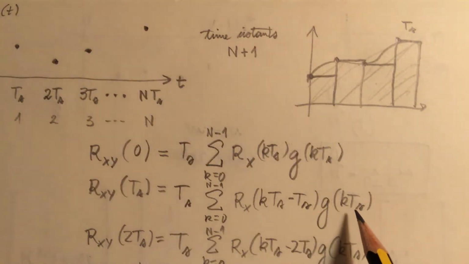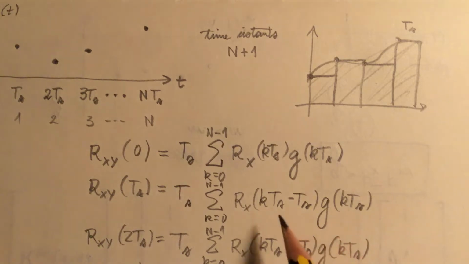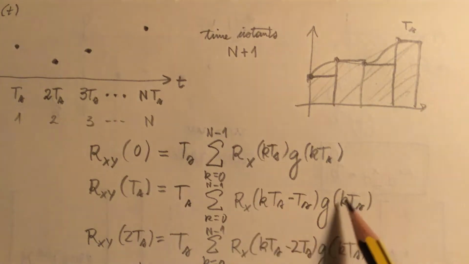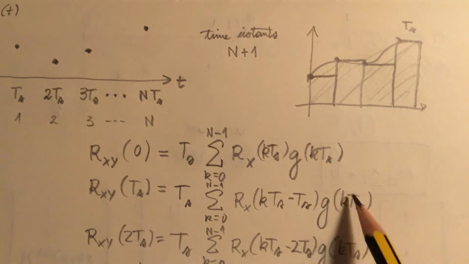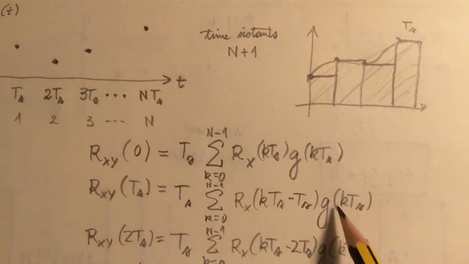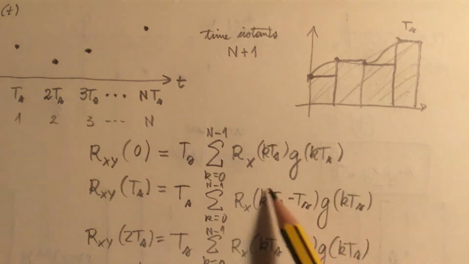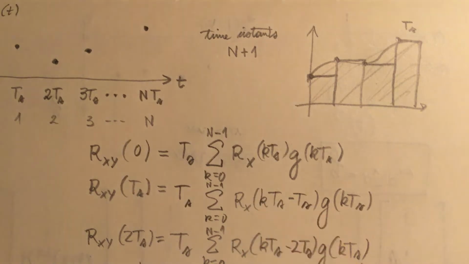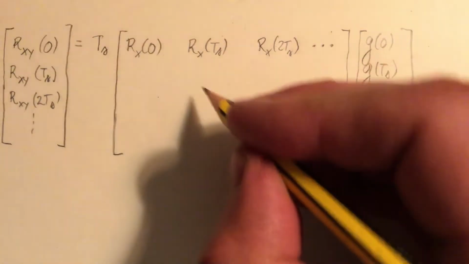In the second equation, when this is 0, here we will have g of ts, because when this is equal to ts, here we will have ts minus ts, which is 0.